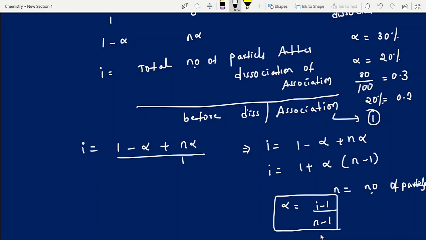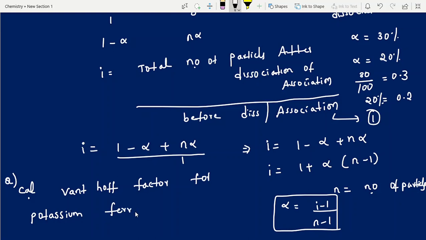Okay. Now I am giving one question. Calculate Vant Hoff factor for potassium ferrocyanide when alpha 100% dissociated.